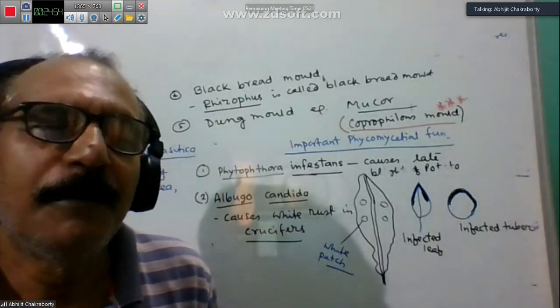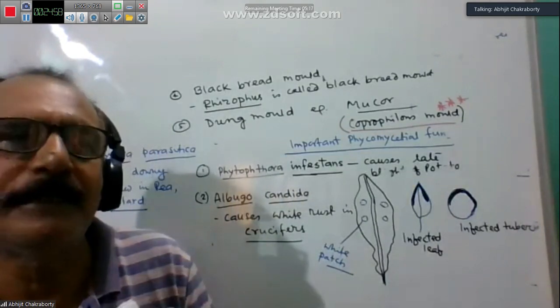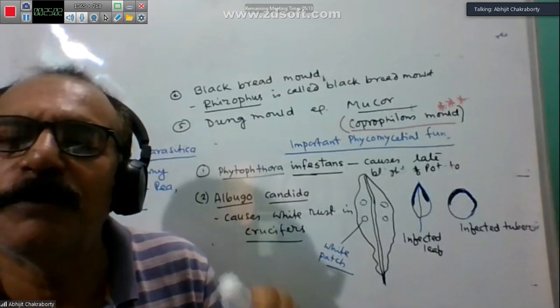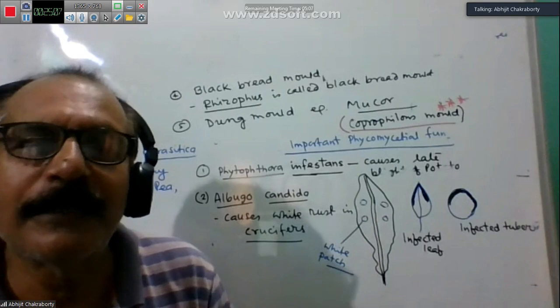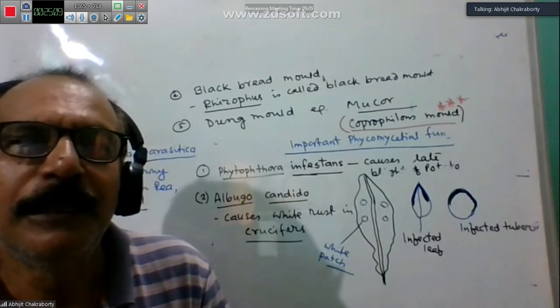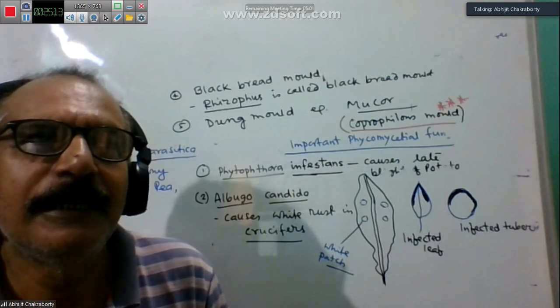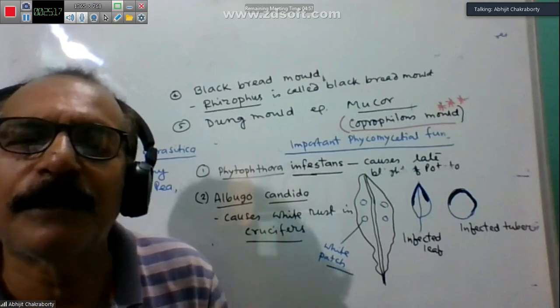Why? Because sometimes a question comes in PMT like this. Mucor is called coprophilus mold because point 1, it grows on bread. Point 2, it loves to grow on dung. Point 3, Mucor is eating its own fecal matter.